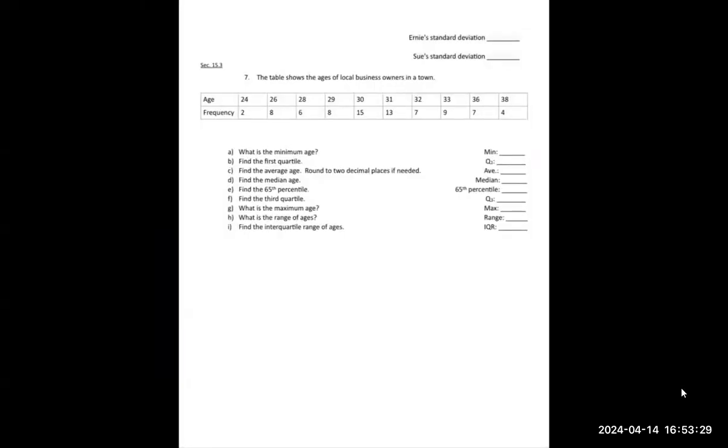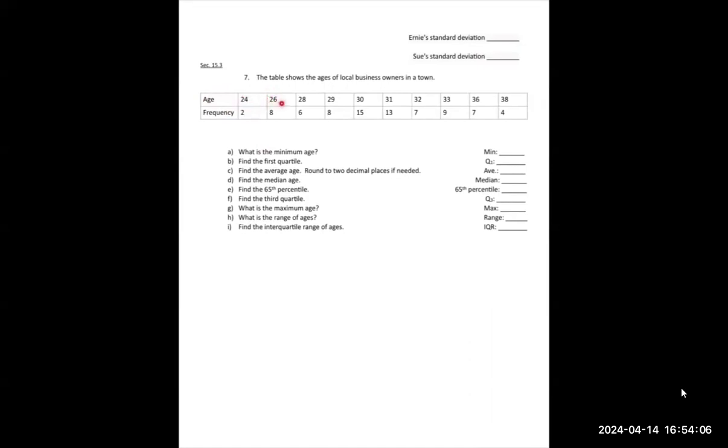The table shows the ages of local business owners in a town. So here, all of this data is summarized in a table for us. What it tells us is the frequency. The age here is 24, and the frequency 2 means that there were 2 business owners who were 24 years old, right?